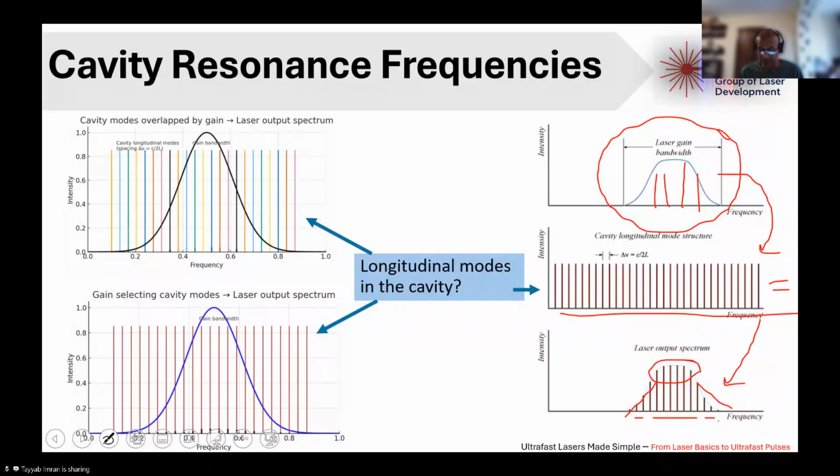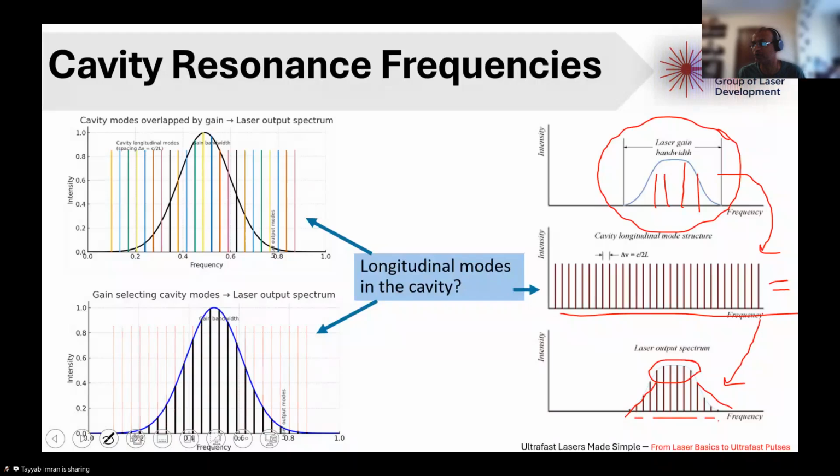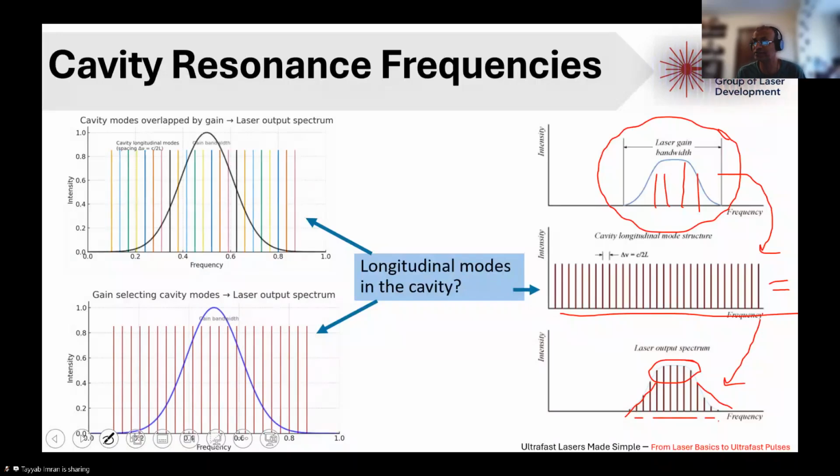In a normal laser, the gain curve is usually narrow, but in an ultrafast laser, the gain curve is very broad, so many longitudinal modes come in.